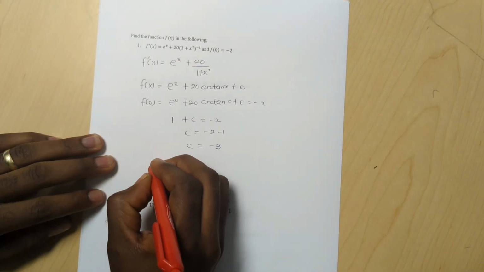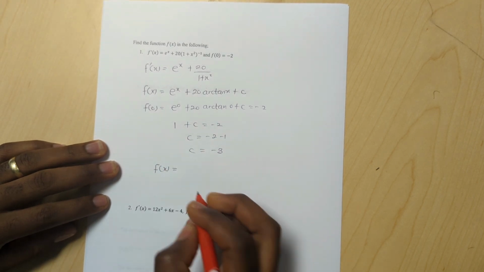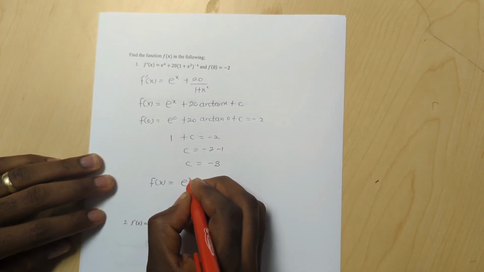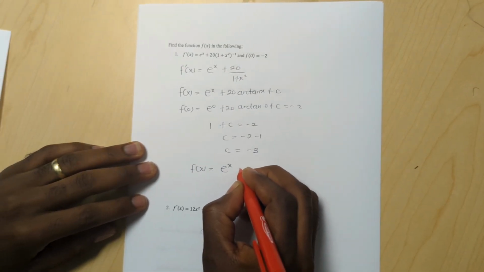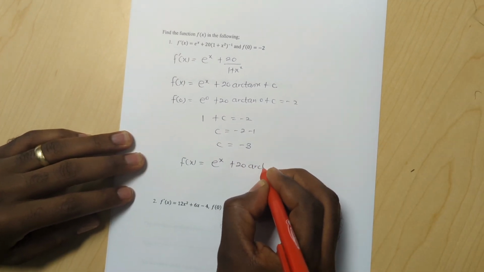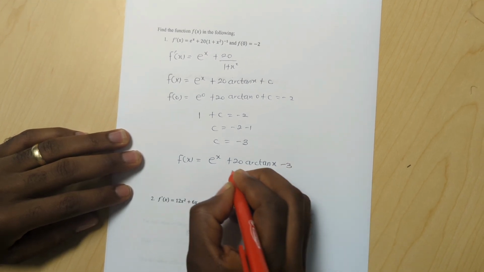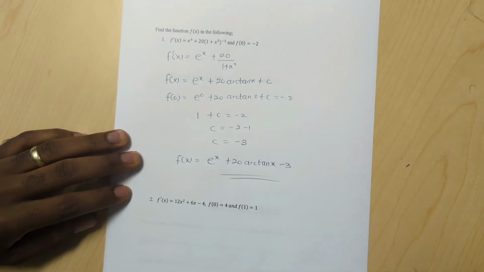So we have our f of x, a particular antiderivative, will be e exponent x plus 20 arctan x, then minus 3, which is the constant c.